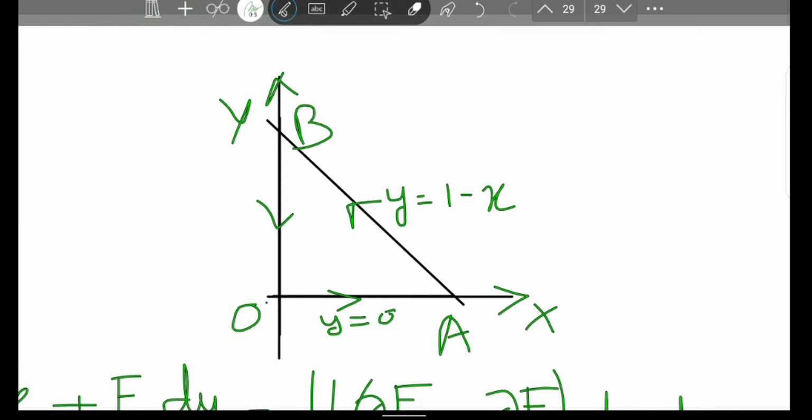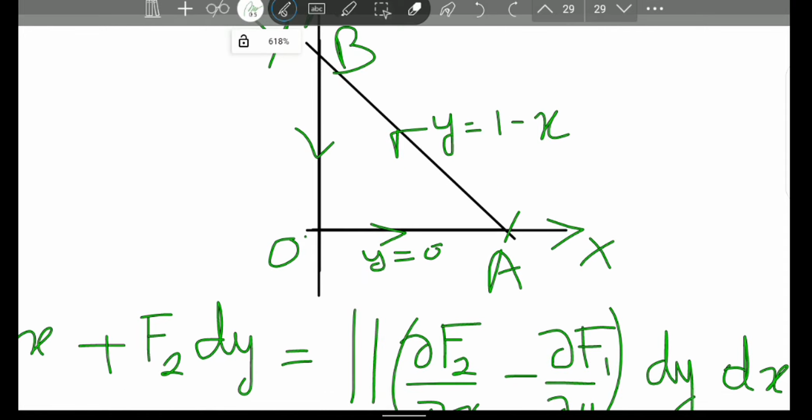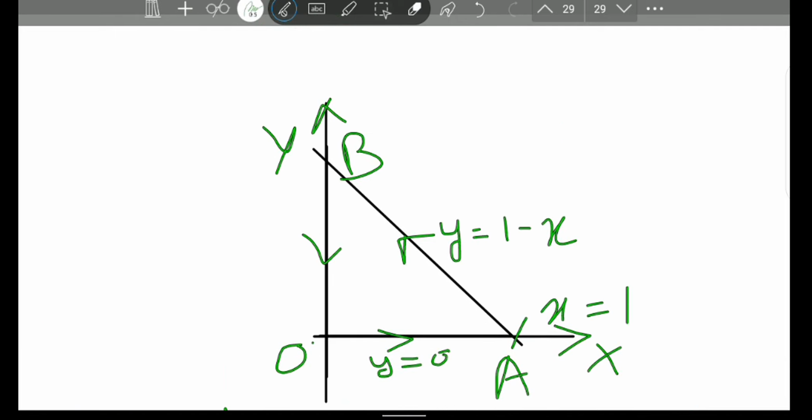At the point A, first of all, along AB, y equal to 1 minus x. The equation of line AB is y equal to 1 minus x, first point. Second point, what is the value of x changing? At A, x equal to 1. And at B, x equal to 0.